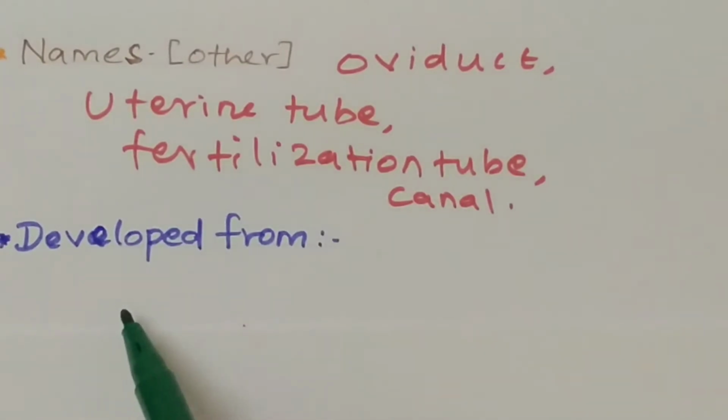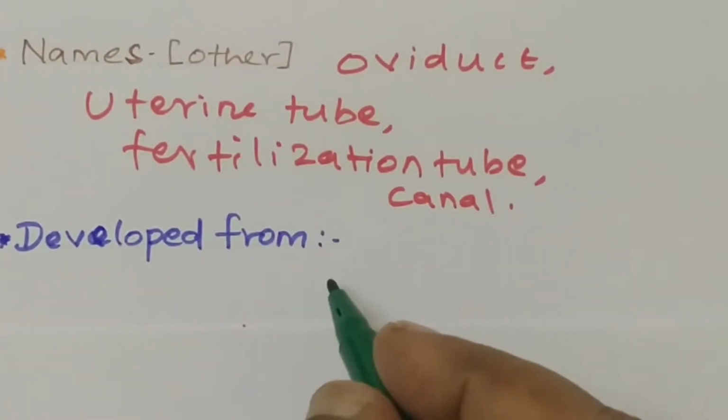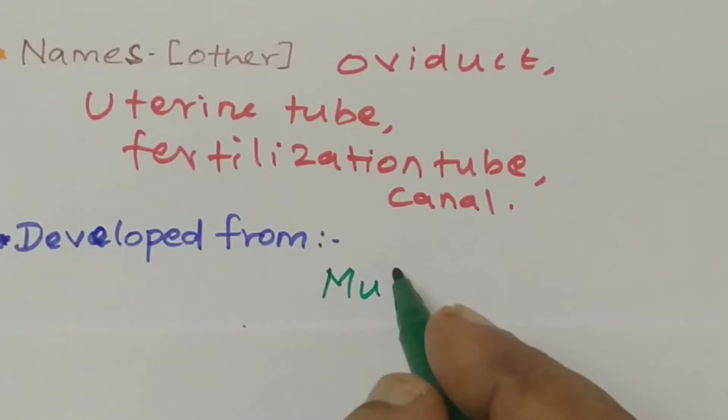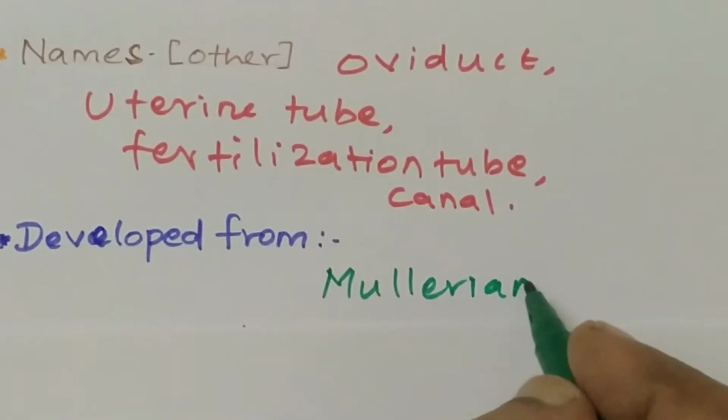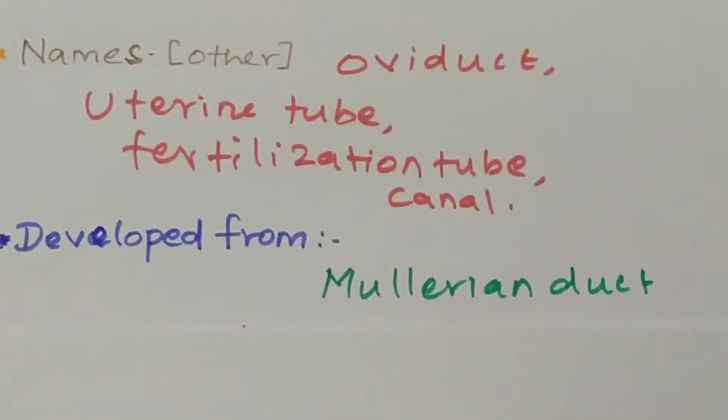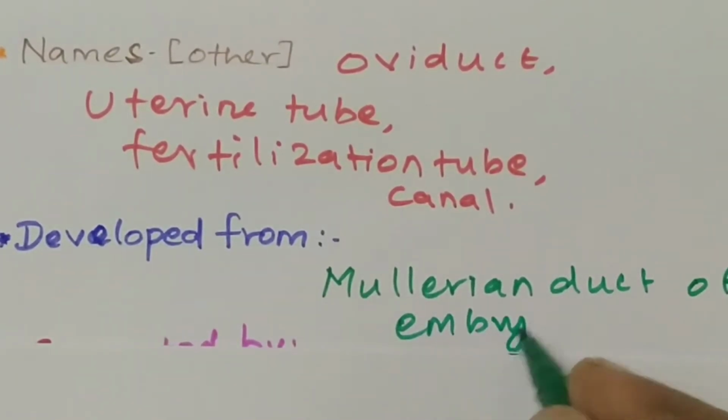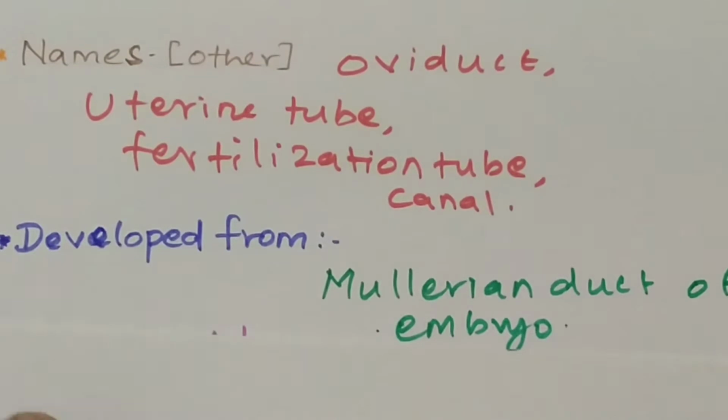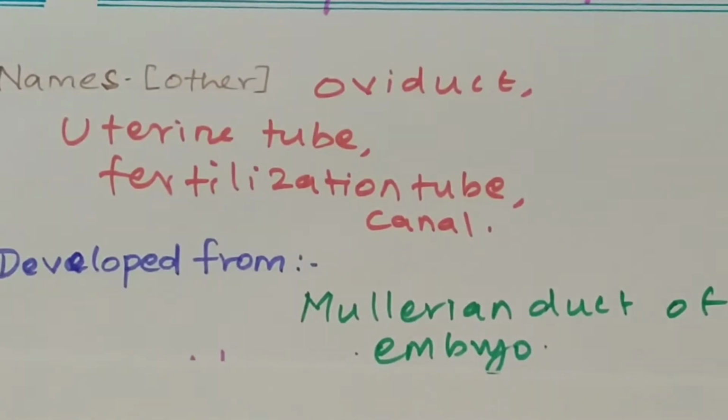The fallopian tube develops from the Mullerian duct of the embryo. The Mullerian duct is a duct-like structure present in the embryo, and the female baby develops from the embryo. Each organ develops from the embryo, and especially this fallopian tube develops from the Mullerian duct.